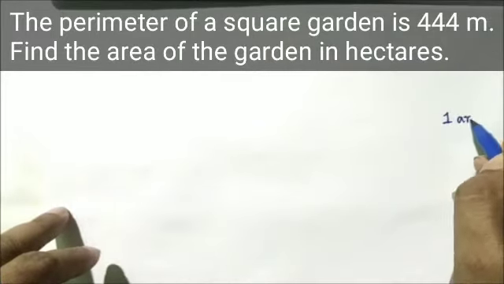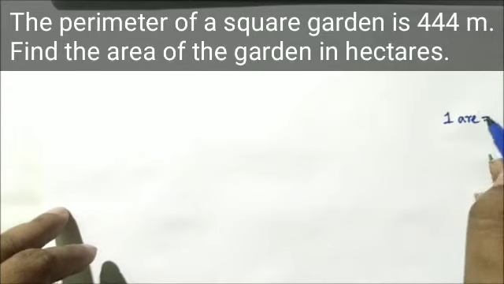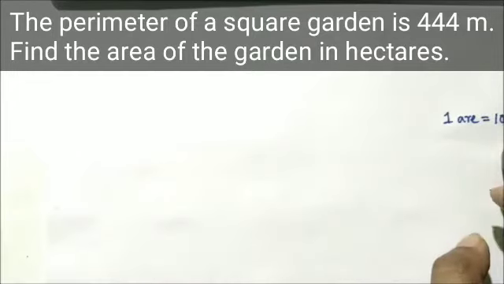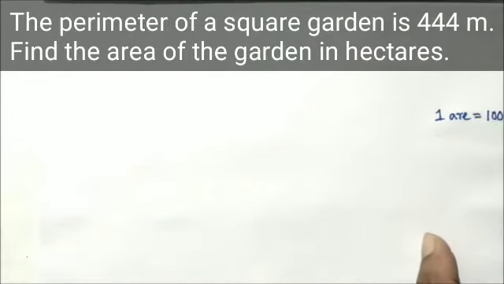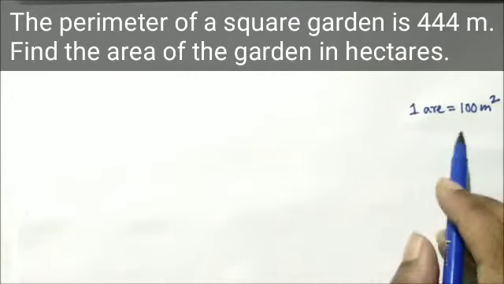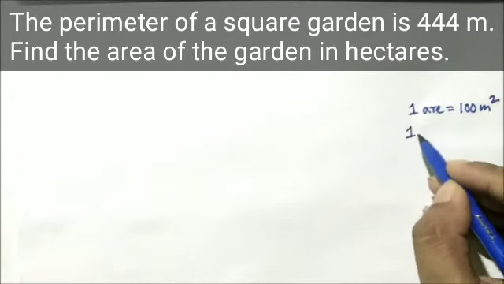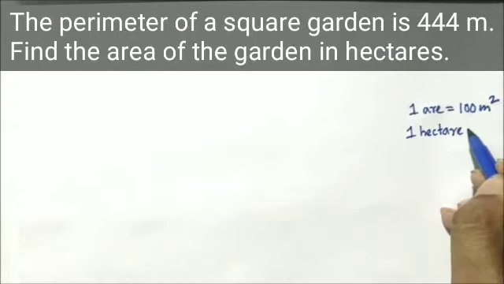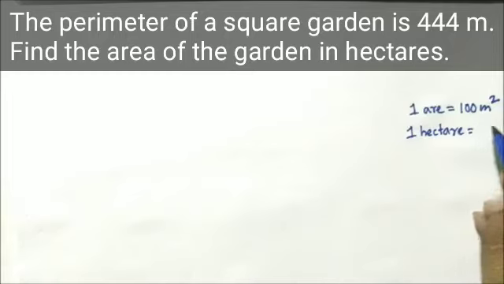1 are is what? 1 are is equal to 100 square meter. It is a different unit. In place of 100 square meter, we will write 1 are. Similarly, 1 hectare, these are bigger units, huh? 1 hectare is 10,000 square meter.